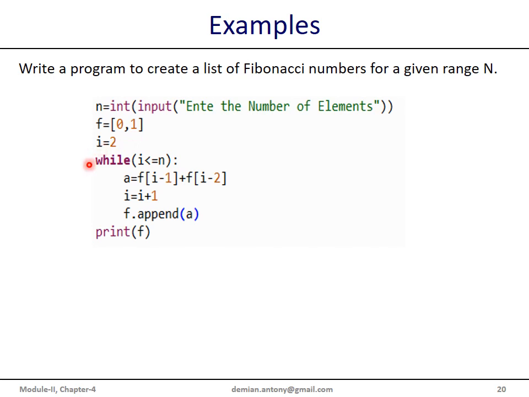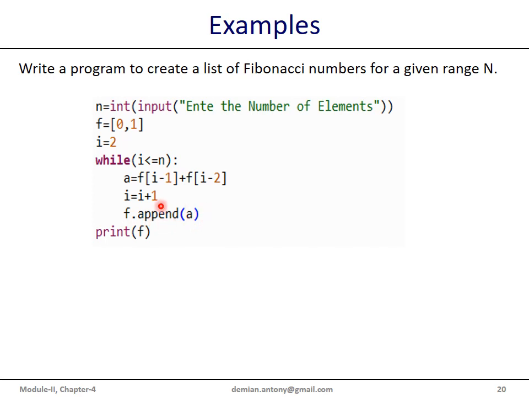And till we reach the range, while I is less than or equal to n, we have to compute the new Fibonacci number, that is a equal to Fibonacci at n minus 1 position and Fibonacci at n minus 2 position. And this newly computed value needs to be appended at the end of the list.